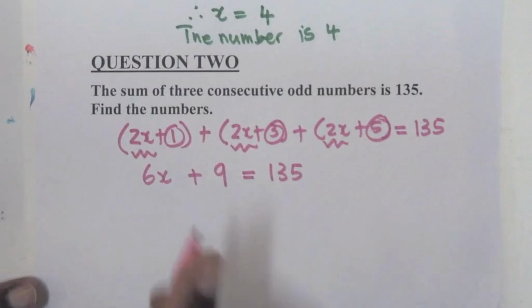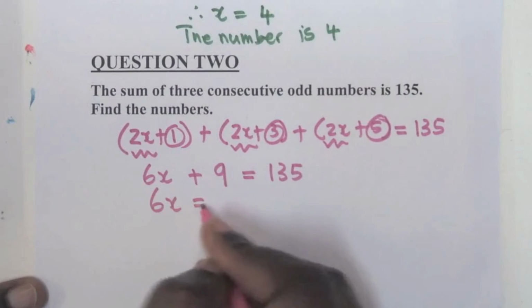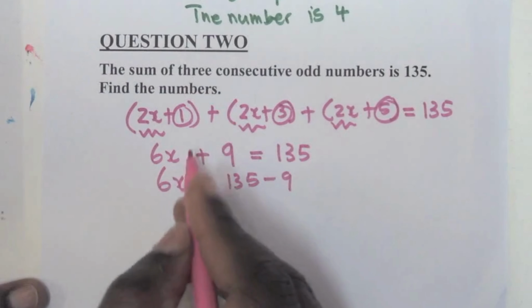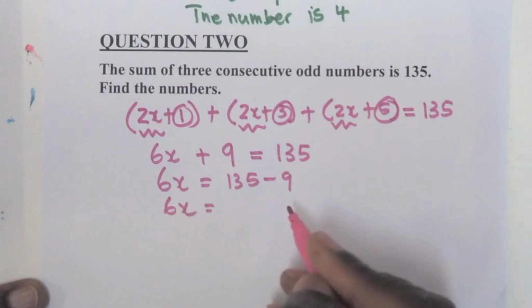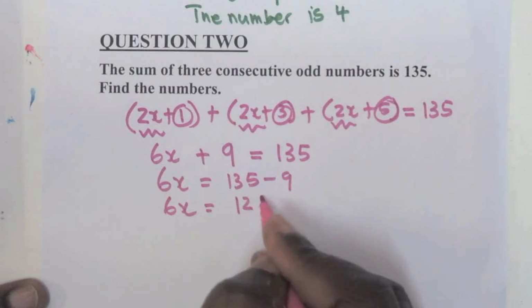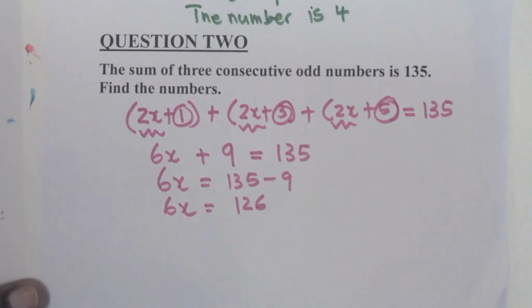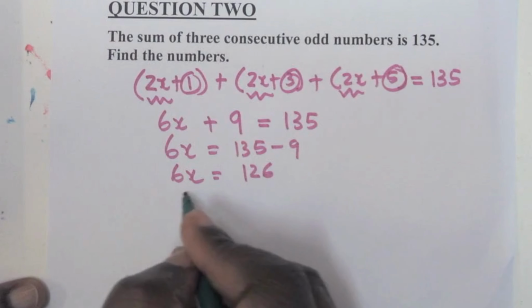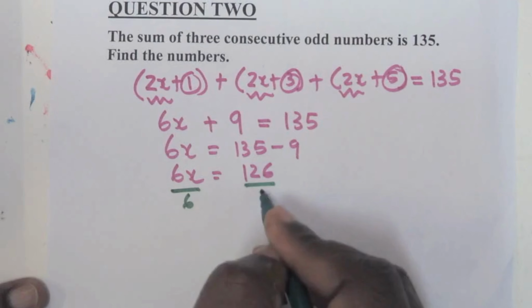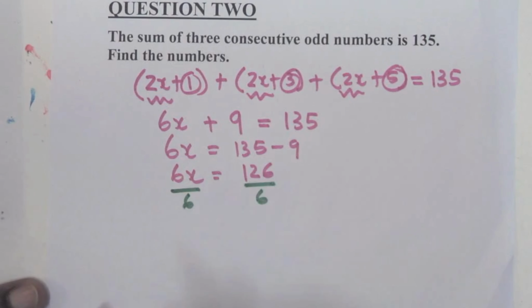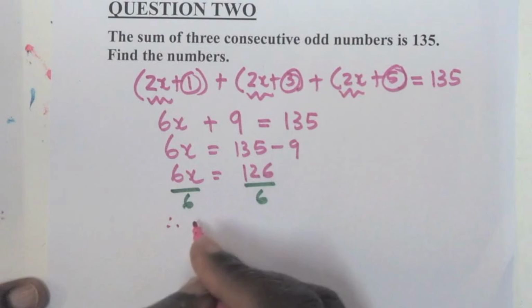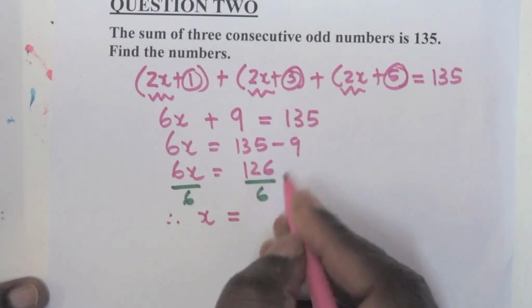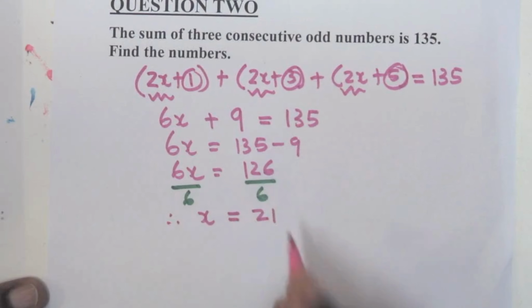I can say 6x is equal to 135 minus 9. 6x is equal to 126. Then after that, I divide both sides by 6. Therefore, x is equal to 21.